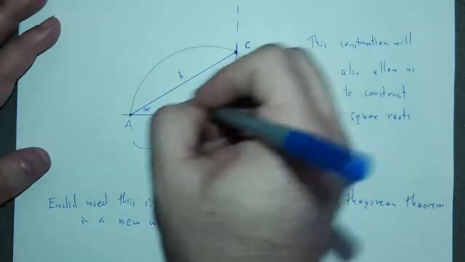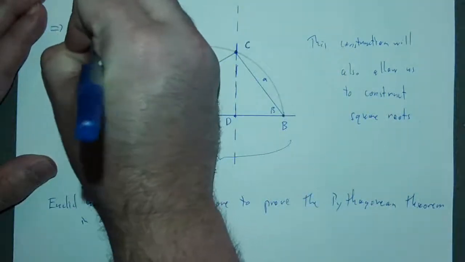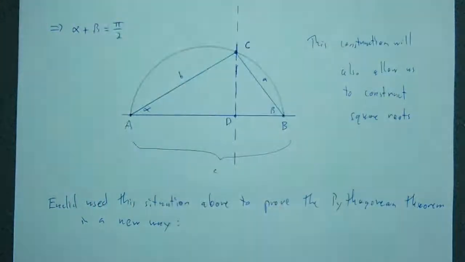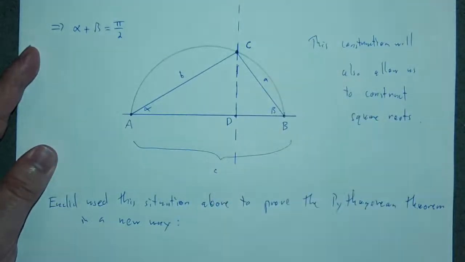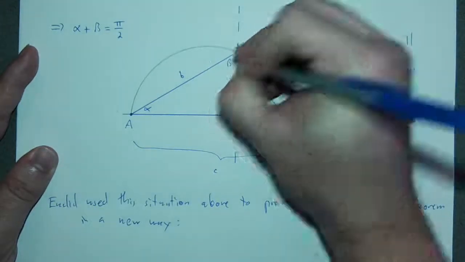And so this means that alpha plus beta must be pi over 2. Right? But then, since this is an angle of pi over 2 size, what does this angle have to be? Well, it has to be beta.